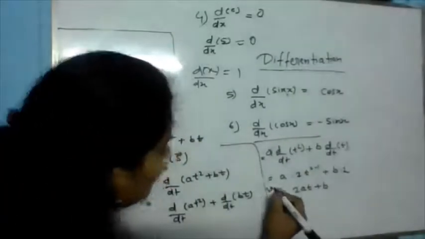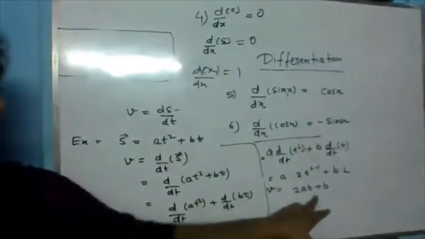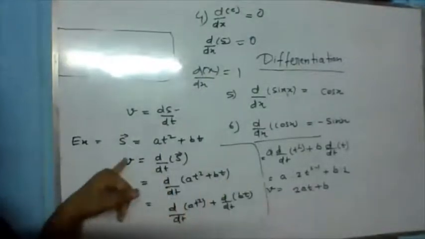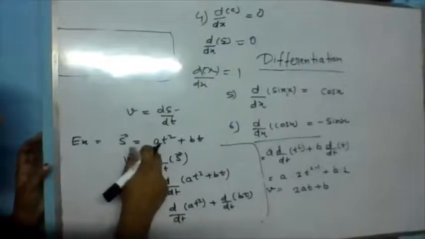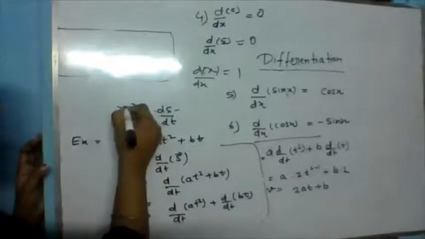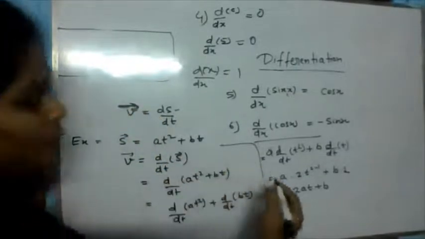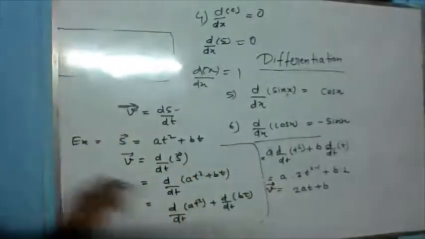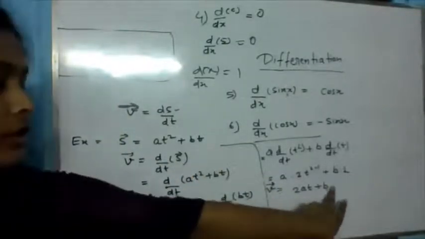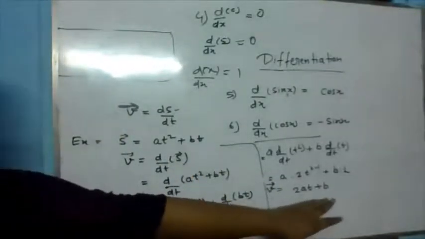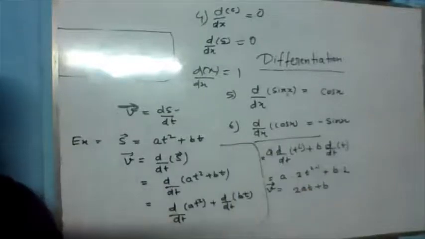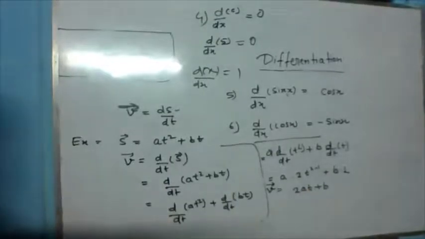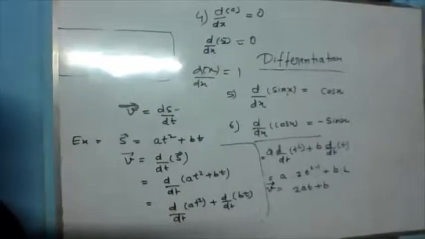This is your velocity, which depends upon time. Here the position vector depends upon time, and we can write velocity like this, because velocity is a vector quantity, so we can use the vector sign here. Okay. Is this numerical clear?